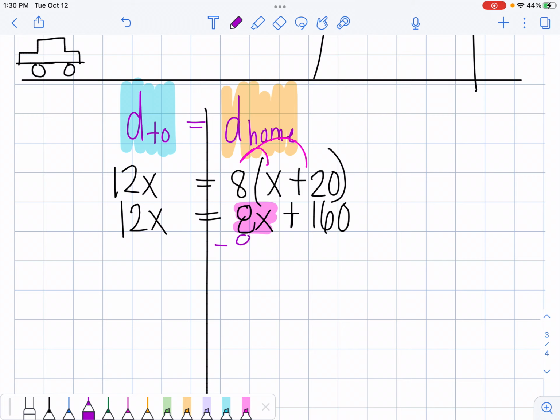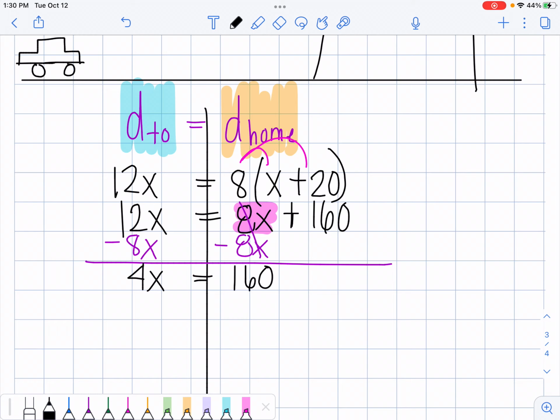To do that, I'm going to subtract 8x from both sides. So I get 4x is equal to 160. To get x by itself, I'm going to divide both sides by 4 to cancel out this 4. So I end up with x is equal to 40.